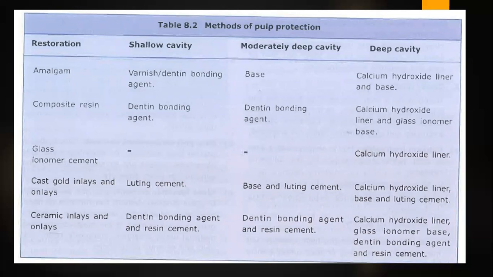Glass ionomer cements require a calcium hydroxide liner only in deep cavities. Cast gold inlays and onlays: luting cement for shallow cavity, base and luting cement for moderate cavity, calcium hydroxide liner, base and luting cement for deep cavity. Ceramic inlays and onlays: dentin bonding agent and resin cement for shallow and moderate cavities, and calcium hydroxide liner, GIC base and dentin bonding agent and resin cement for deep cavities.